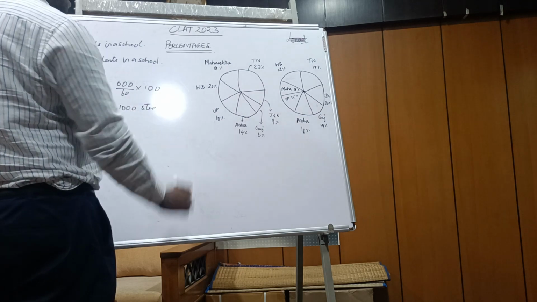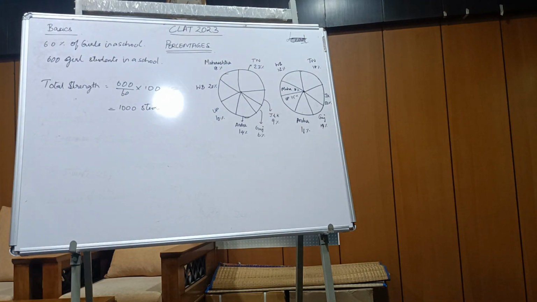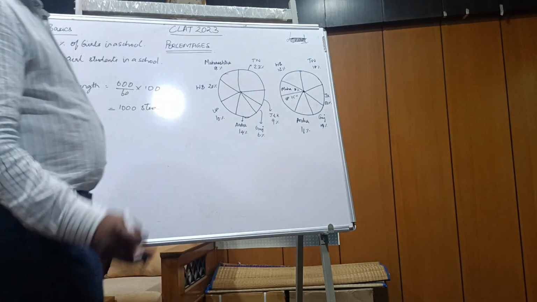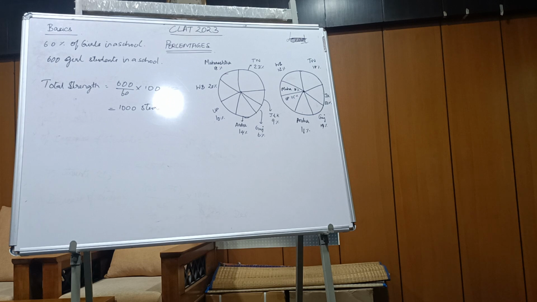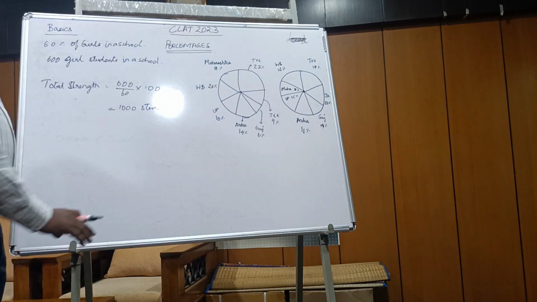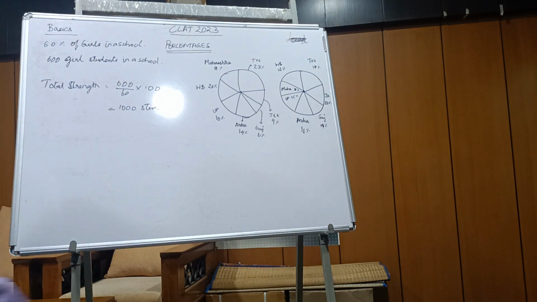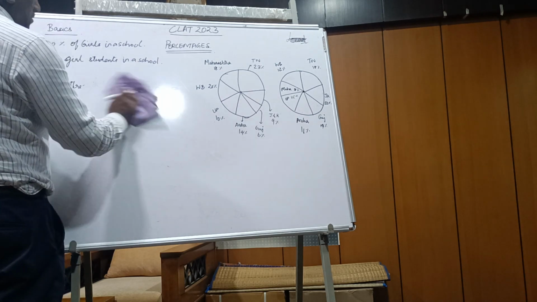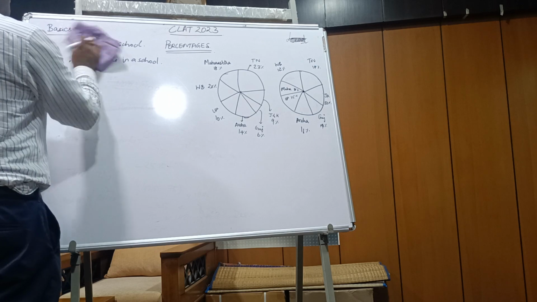This is also another type of question they ask. They give you the number of students and the percentage of students of a particular category, and then they ask for the total strength. These types of questions are quite common, and you can easily find out how to do this.